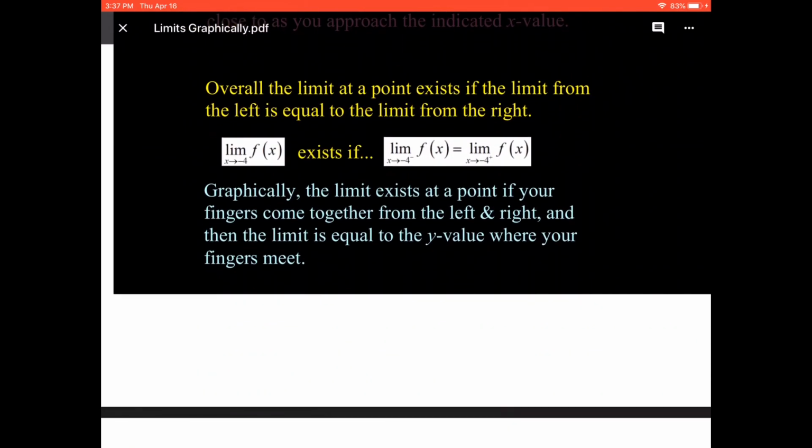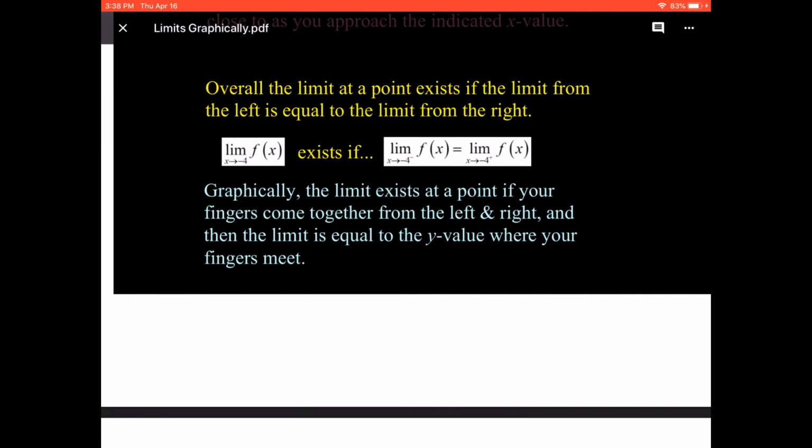Overall, the limit could exist at a point if the limit from the left is equal to the limit from the right. Algebraically, it's written right here. The limit of f of x as x goes to -4 is going to exist if the limit of f of x as x goes to -4 from the left is equal to the limit of f of x as x goes to -4 from the right. So that was written algebraically.